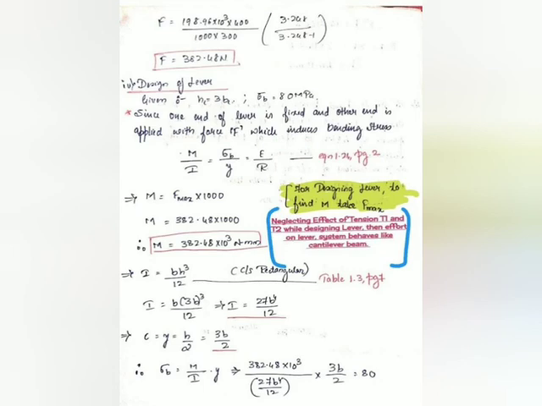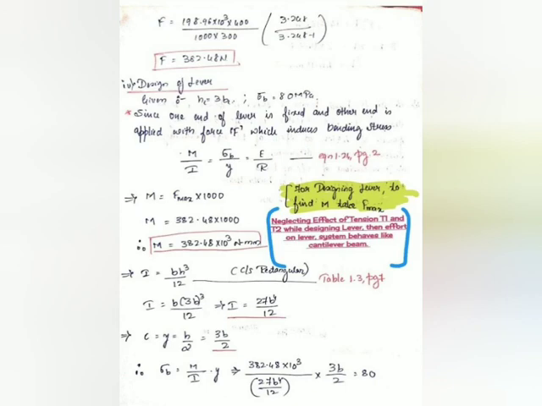In case you don't know the moment of inertia expression for a rectangular cross section, you can always refer to table 1.3, page number 7. Now y equals h by 2. Here our h is 3b, so y is 3b by 2.